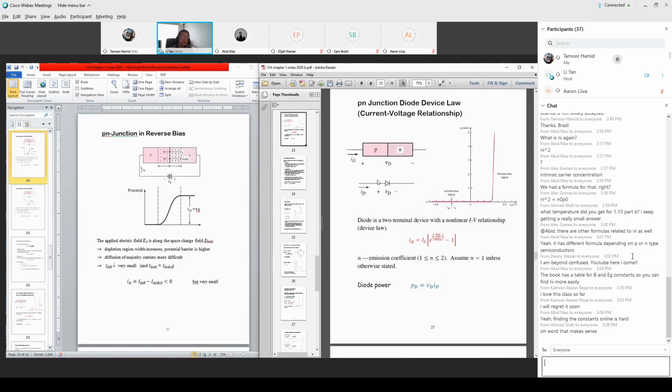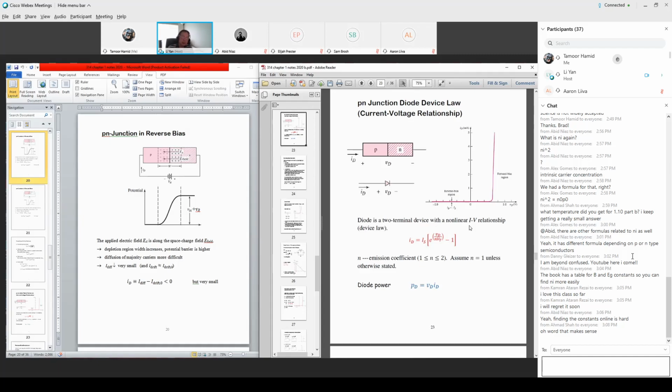As I said, in this graph, we discussed the new electronic device called a diode. And so the diode has its own device law, meaning its own current voltage relationship as expressed in this way. This is a nonlinear relationship. You use the analogy of resistors.